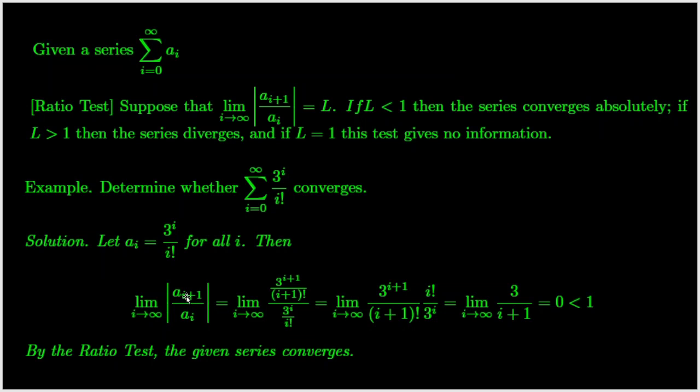Term i plus 1 is determined by the value of i plus 1. So you have the numerator in here. Wherever you see i, you replace i with i plus 1. That's how you get term i plus 1. Likewise, on the denominator, you have term i. Now we take the limit of the absolute value of the ratio. That's why we call it the ratio test.